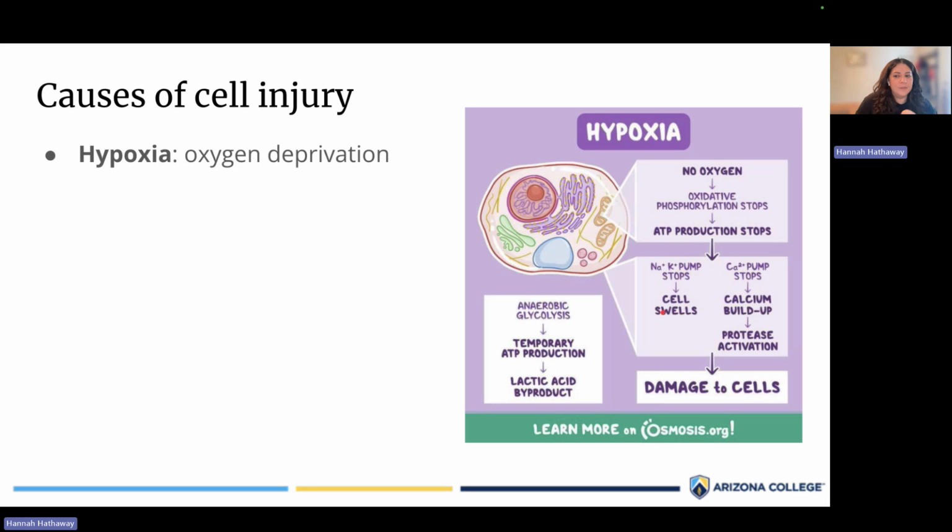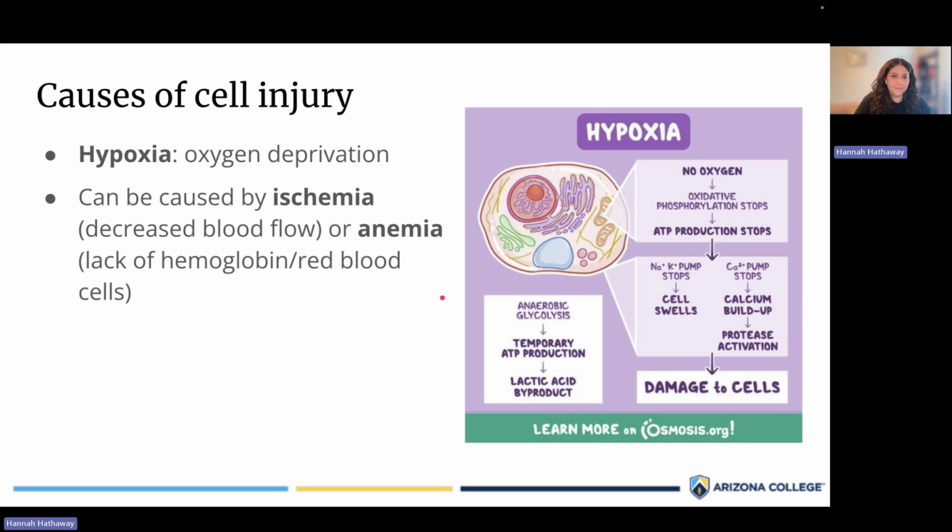You'll see swelling, you'll see buildup of different electrolytes, which will cause damage to the cell. And then the cell can also switch to the other type of respiration, anaerobic respiration, to make a little bit of ATP in the short term, but that makes a byproduct called lactic acid, at least in human cells. And that is acidic. So if there's a lot of lactic acid, that can also damage the cell. So essentially, hypoxia causes cell dysfunction and cellular damage.